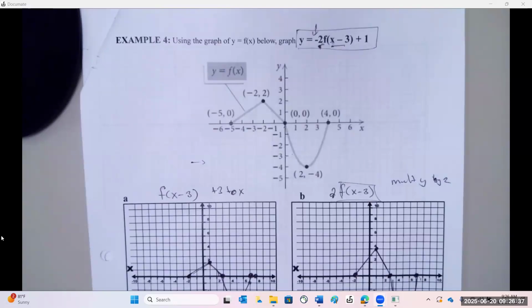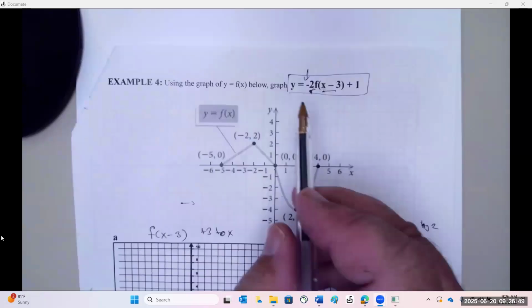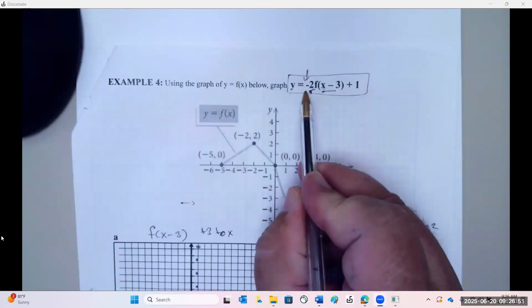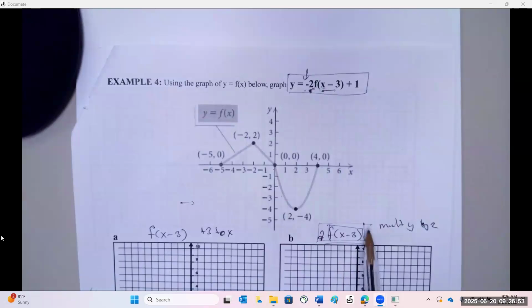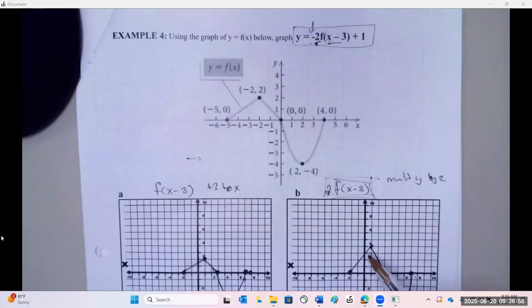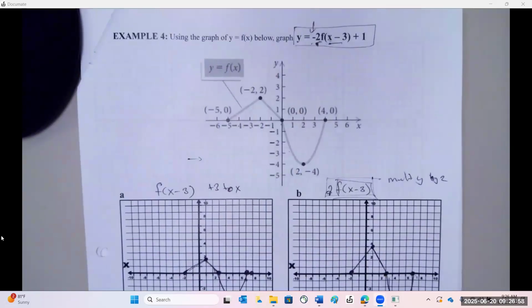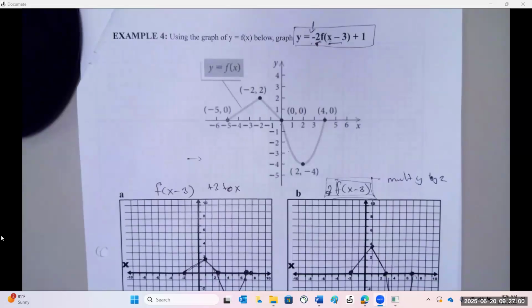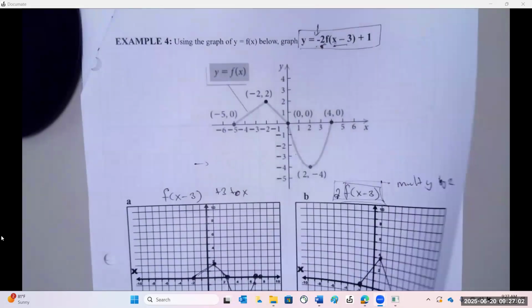It's a vertical reflection. It's going to flip across the x-axis. So if you're going to use all these words, you have to tell me what's going to happen. You can't just use x, y, negative, positive. Because the negative is outside the 2, that means it changes all of these points from positive to negative and from negative to positive. So it flips it across the x-axis. That's called a reflection.